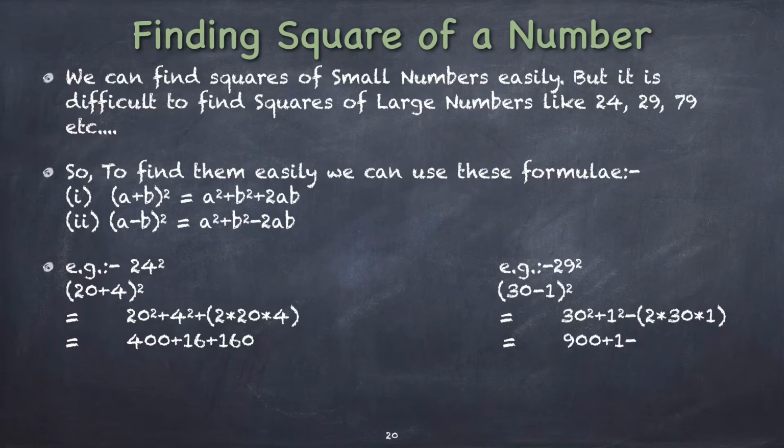Therefore, 24 square is equal to 576. Therefore, 29 square is equal to 841.